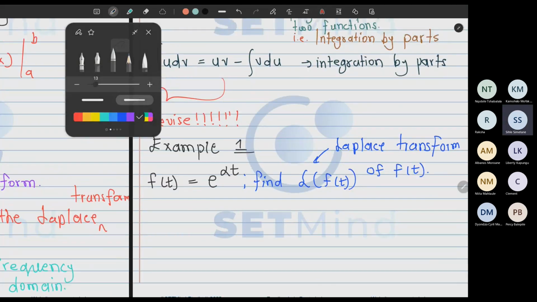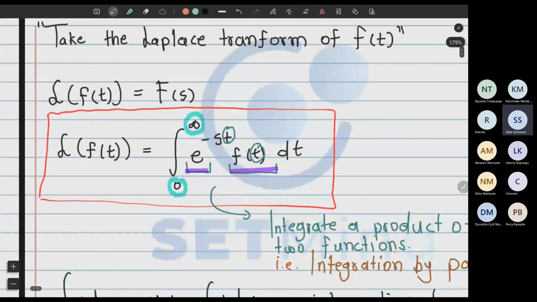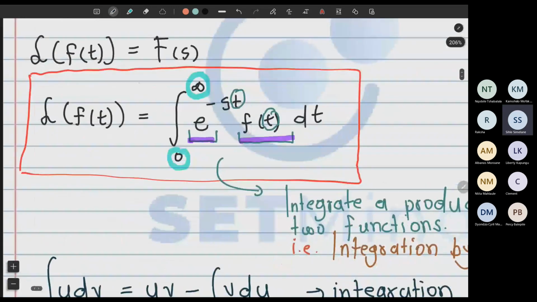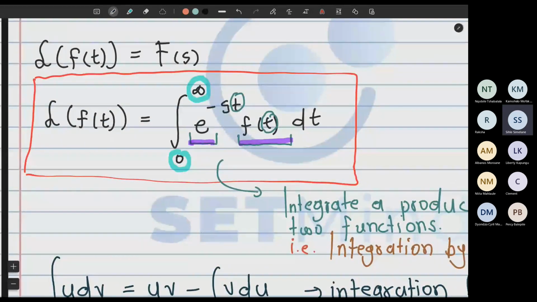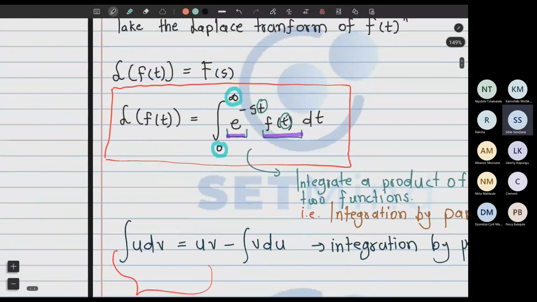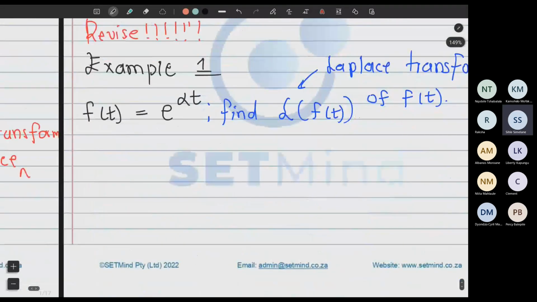So we go up here, and this you should know by heart at least before you open next week. It's just a simple integration. For us to find the Laplace transform of f of t, we need to integrate from 0 to infinity. We will take e to the negative st and multiply it by f of t, which is our function, and integrate with respect to t. With that in mind, let's come here and see how we can do that.